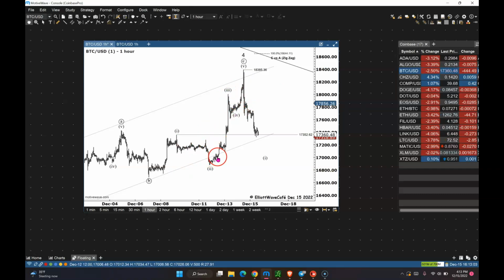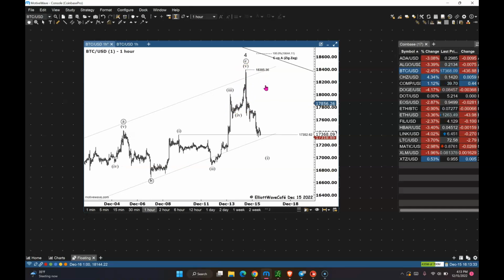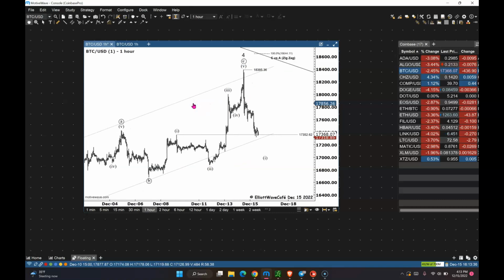I said I'm not sure how it's going to look, but if you're breaking below that, and starting to get back below 38.2, 50, 61.8, it's very unlikely that you're going to get a fourth wave out of the structure. I think the best way to count this is like that: 1, 2, and then you have another 1, 2 in here, 3, 4, and 5 for 3. Then you have a triangle in 4, and then a 1, 2, 3, 4, and 5 for 5. It's not super perfect, but it's the best I have at the moment.